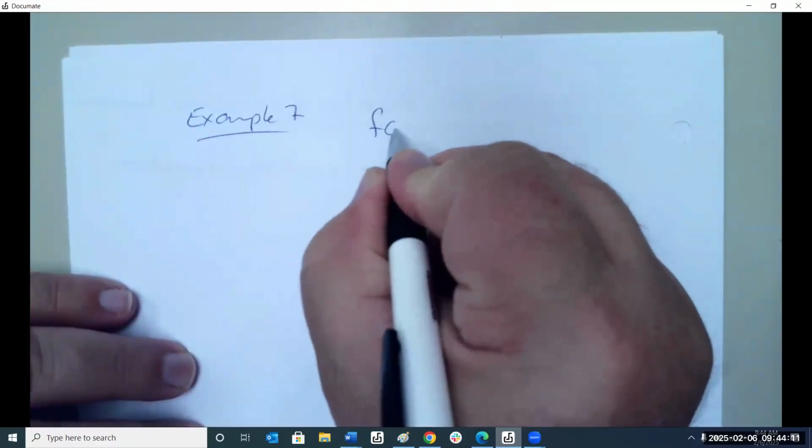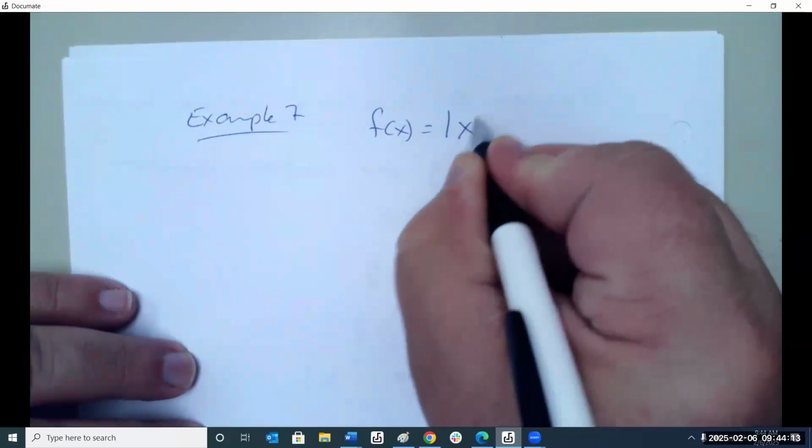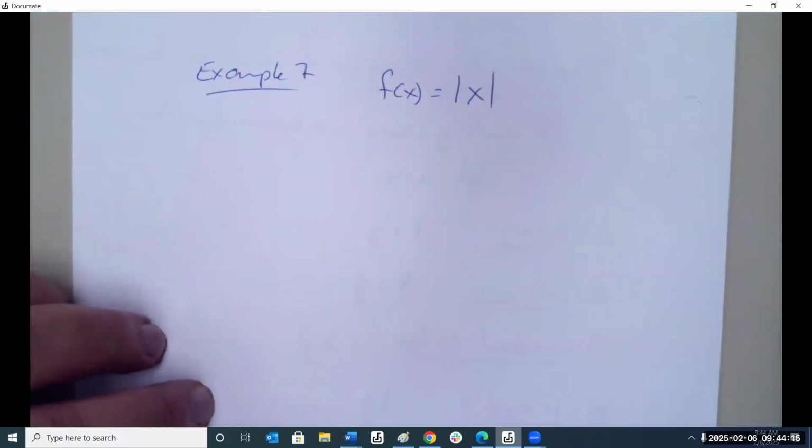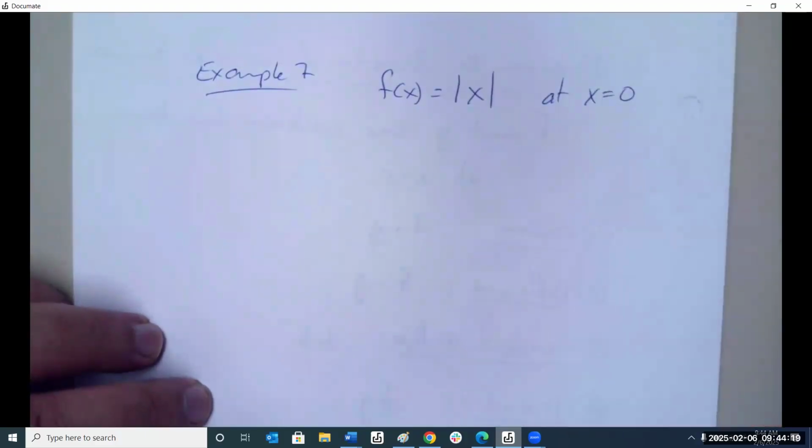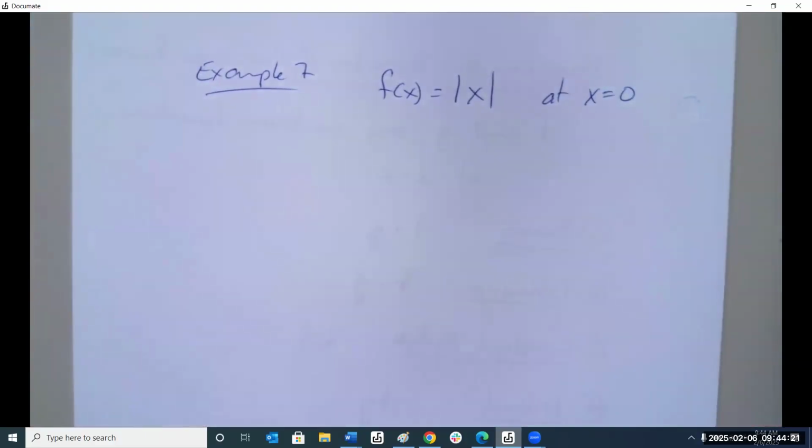How about if f of x equals the absolute value of x? Is it continuous at 0?